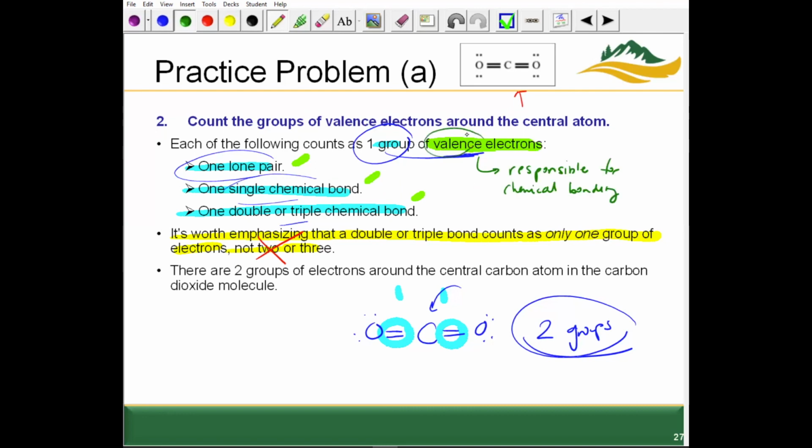Those valence electrons in the outer shell are responsible for chemical bonding. Groups of electrons we think of within these 3D structures and Lewis dot structures can be a lone pair, single bond, double, or triple bond.